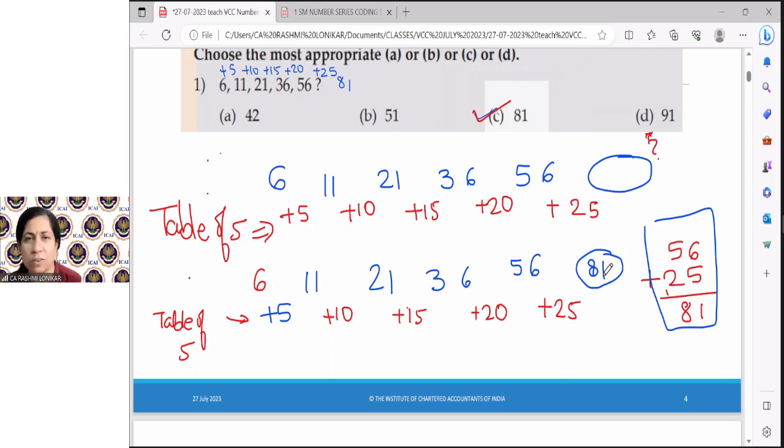There is no theory for this. There are only methods of solving. Number coding is something where you don't have an underlying theory or formula. Number coding, and even alphabet coding, has been done since time immemorial. When two countries were at war and wanted to send a message to their soldiers, the messages were always sent in code form.